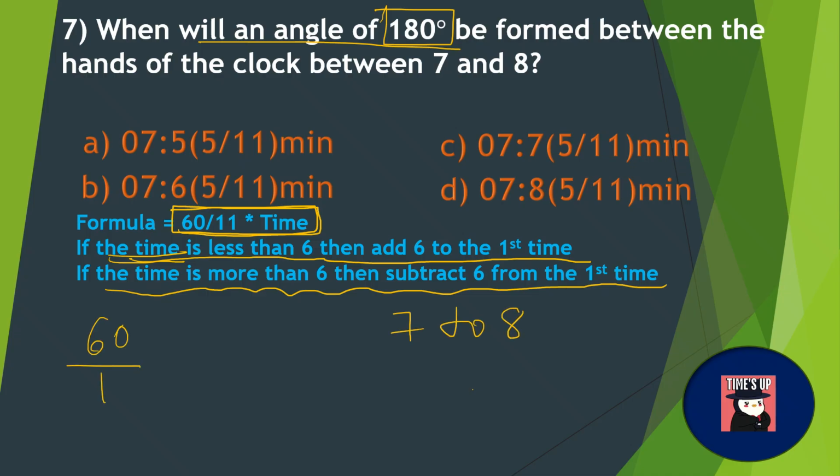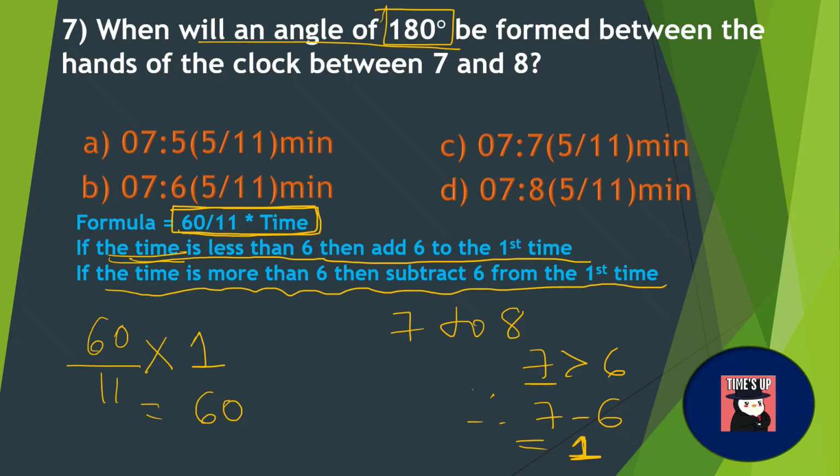The formula is 60 divided by 11 into 7, I will substitute. 7 is greater than 6, so I need to subtract 6 from the first time. 7 minus 6 will be 1. So this 1 I will substitute here in place of 7.